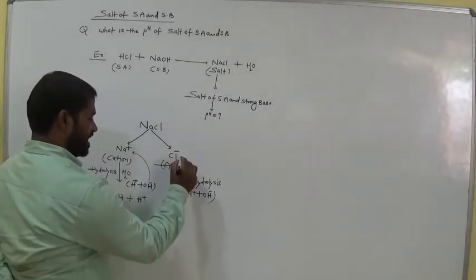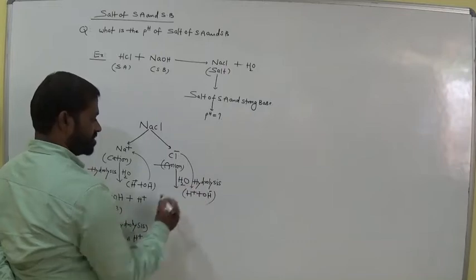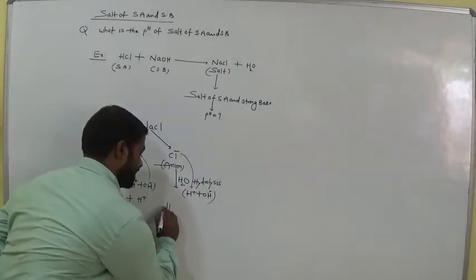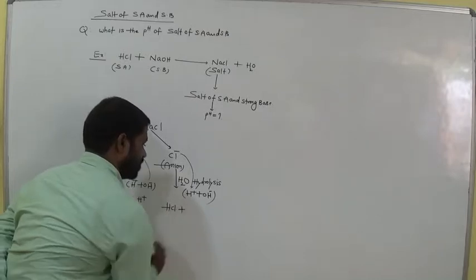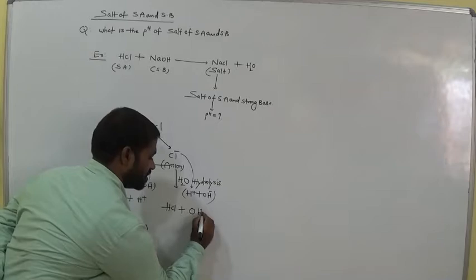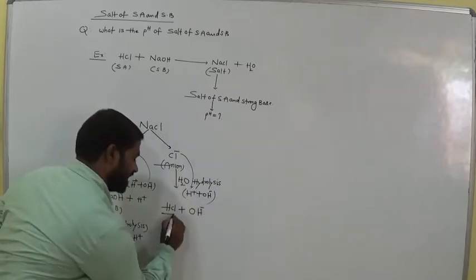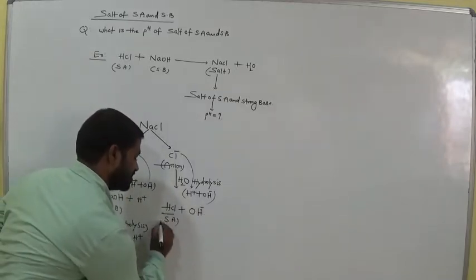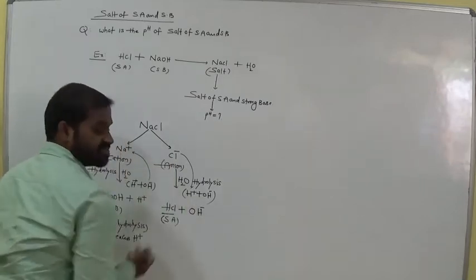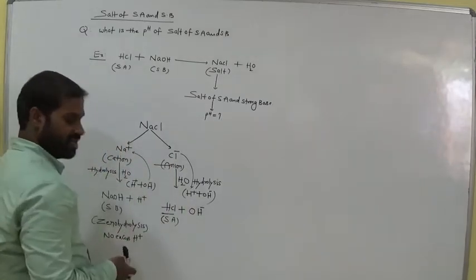Now come to here, it is Cl minus. It attracts this positive charge. Why? Because it is negative. So it gives HCl, am I right? OH minus, the remaining one is here. It is a strong acid, am I right? For the case of strong acid, it is completely reversible or not? Here also it is reversible.